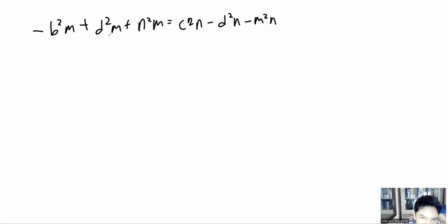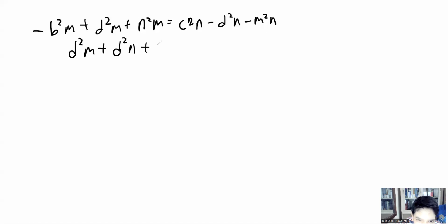Okay, so it might not be obvious at first, but we can actually factor this. Actually, before we do that, we'll move these together. We'll move the not really like terms, but sort of like terms: terms with d, and for the other one, we'll move the terms with only m and n.